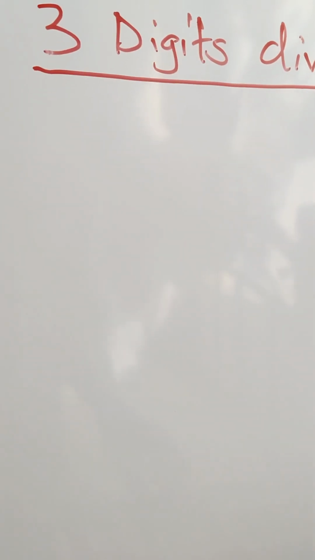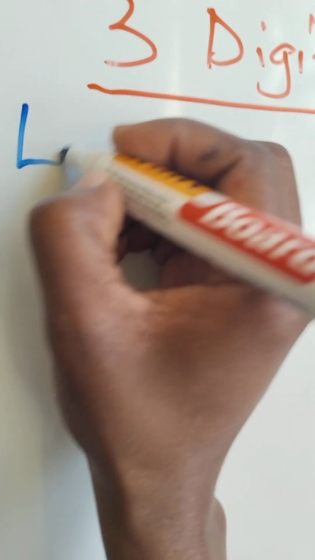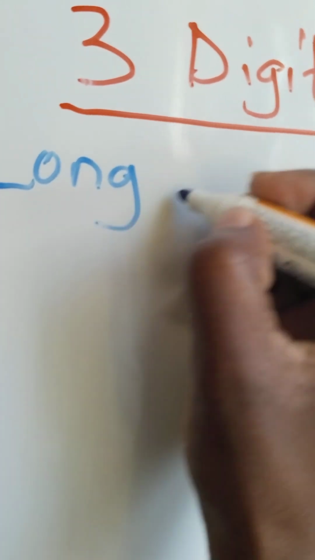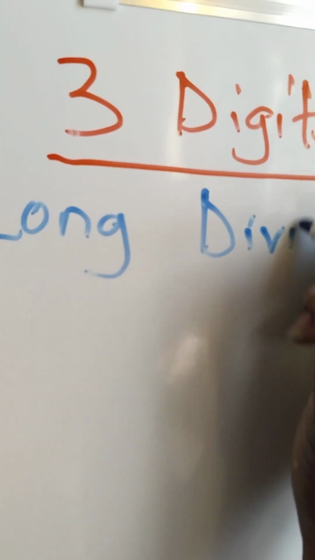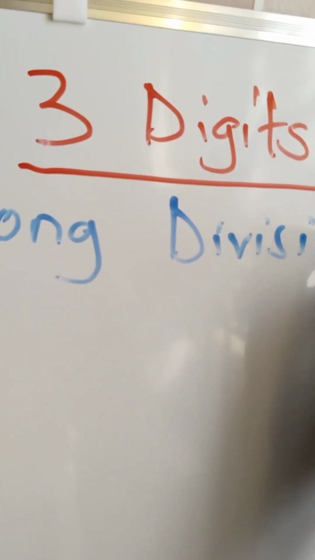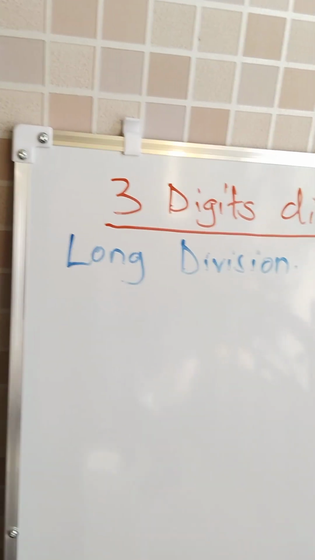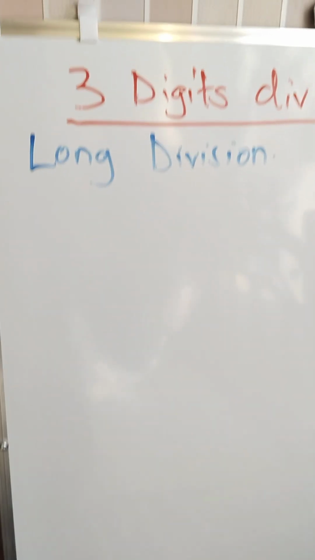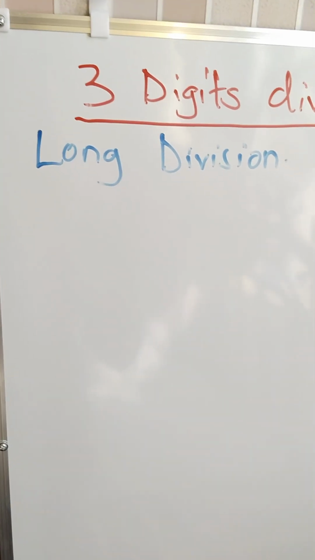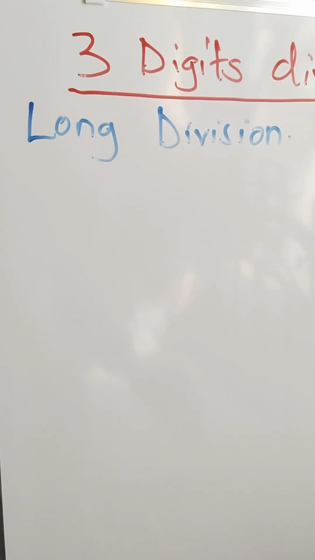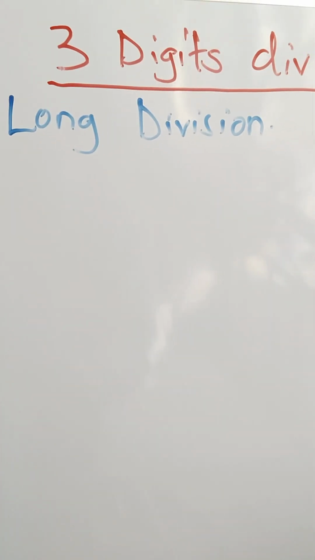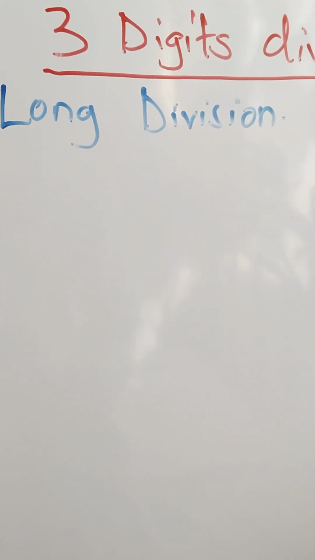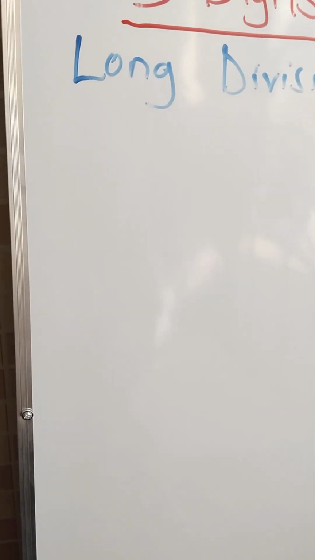They told us that what we do is we use long division. We use long division. So if you see any 3 digits number, we use long division. For example, they can give you a number. Let us try and see one number.